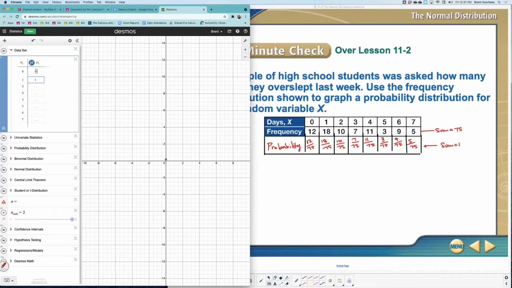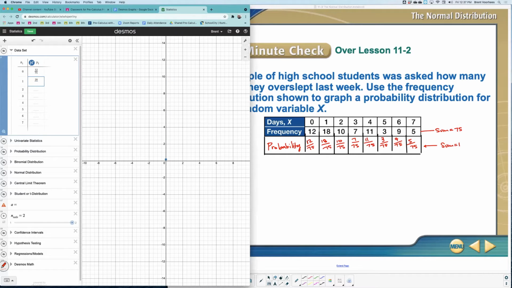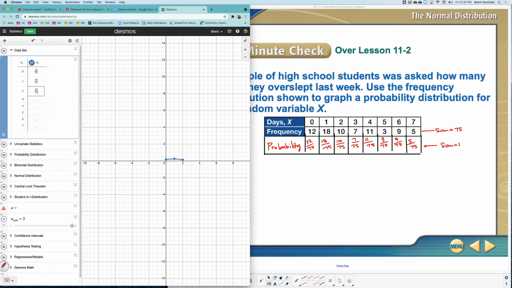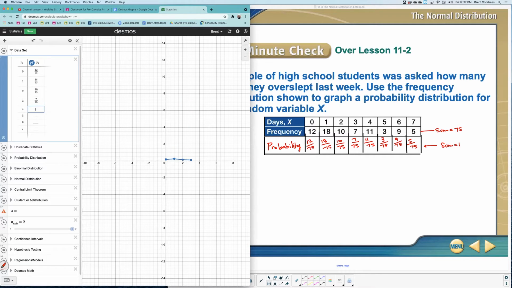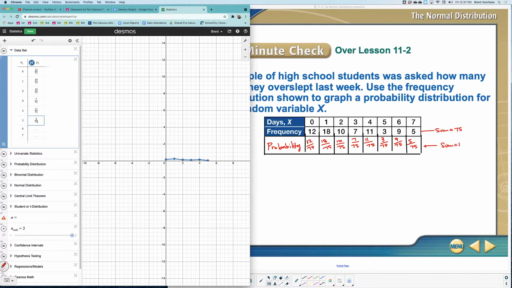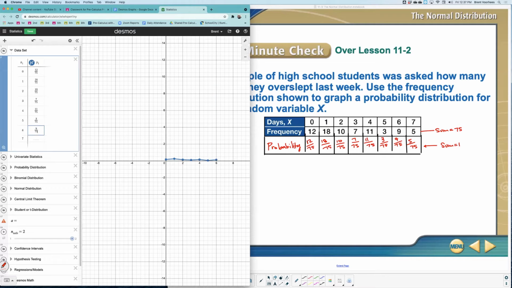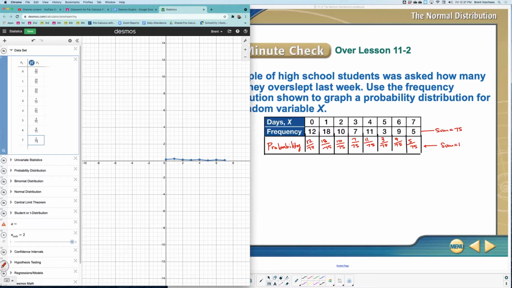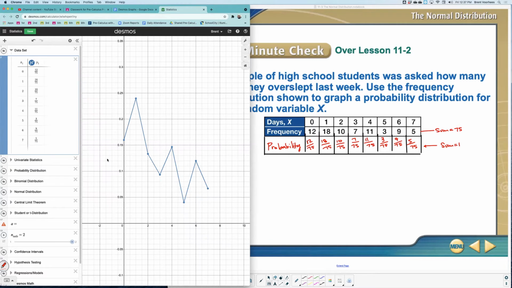It's 12 over 75, 18 over 75, 10 over 75, 7 over 75, 11 over 75, 3 over 75, 9 over 75, and 5 over 75. I'm going to hit the little zoom fit button right here, and we can see our data.